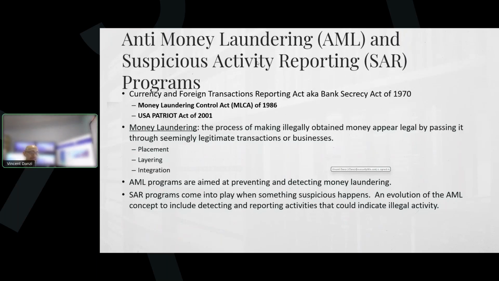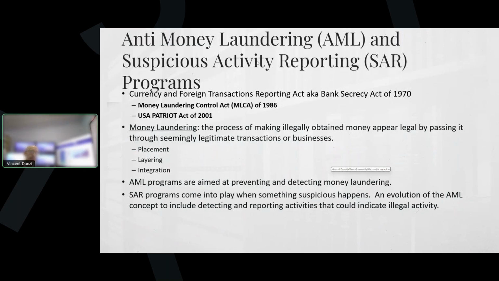Some people think that the term originated from the imagery of actually laundering money, washing money. But the idea is essentially the same. It's taking money that's illegally obtained and passing it through what are seemingly legitimate transactions and businesses in order to wind up with money that can be used on the open market without fear of prosecution.